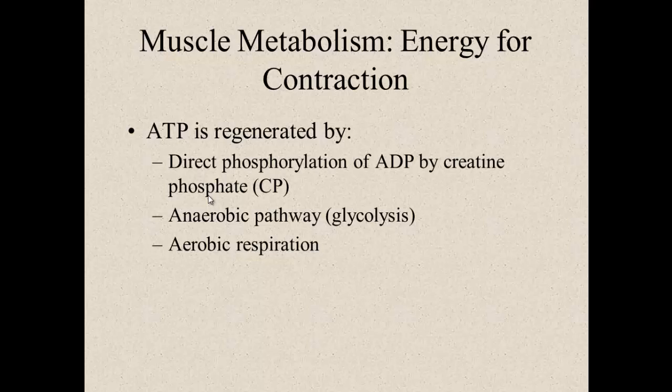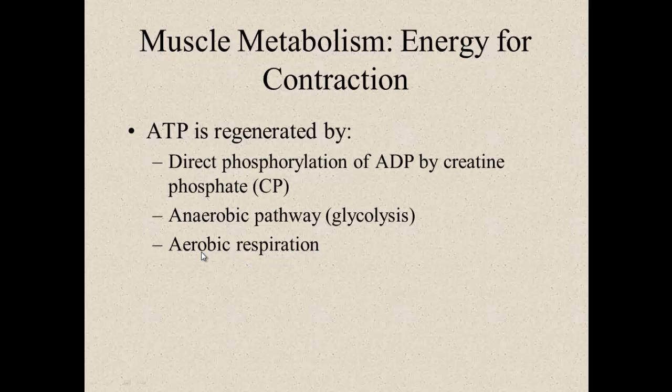It's faster than the aerobic pathway, so it's the next step in generating energy in a contracting muscle. Once the stored ATP is gone, then we use up creatine phosphate to make ATP. And then after that, the anaerobic pathway with glycolysis resulting in lactic acid is used.